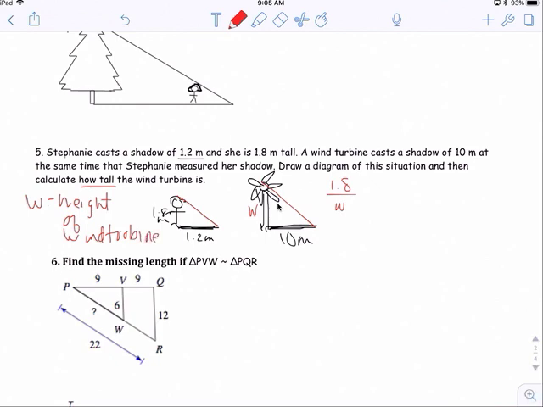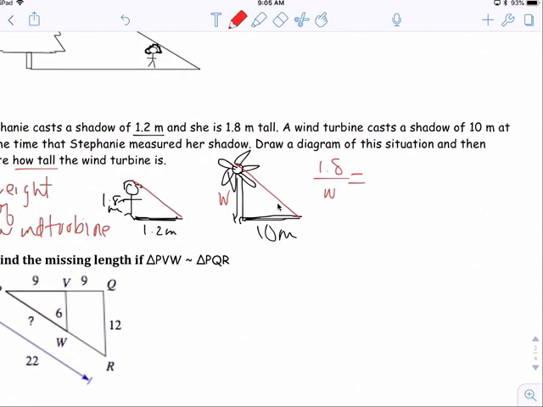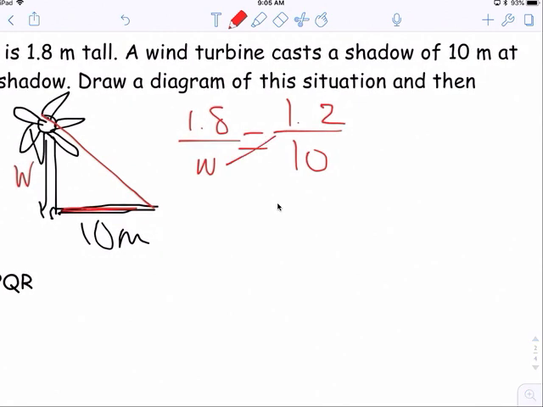Okay, 1.8 over W equals 1.2 over 10. 1.2 corresponds to the 10. And then we can find the height of the wind turbine. 1.2W equals 18, divided by 1.2 on both sides.